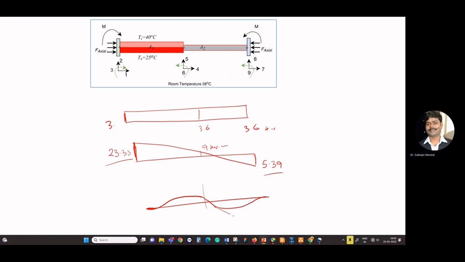The slope for the 3rd degree of freedom was 719.3 times 10 to the power minus 6 radian. And the displacement here, that is U5, is 0.4795 mm.